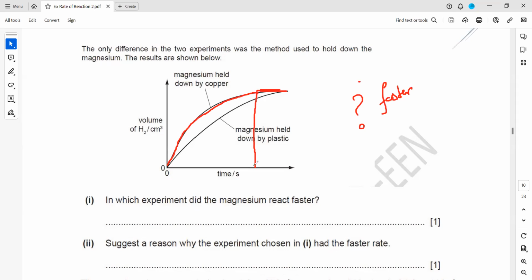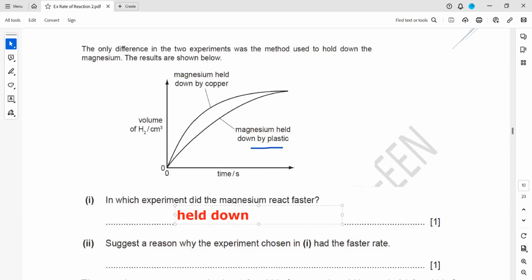So the reaction stops at this point when we are using copper. But when we are using plastic to hold the magnesium down, the reaction stops here. When the volume of the gas becomes constant, it means that at that moment the reaction stops. So when we use copper, the line becomes horizontal in this part, which means after this part the reaction has stopped. So the reaction stops much faster with copper as compared to plastic. Which experiment did the magnesium react faster in? The answer is the experiment in which it is held down by copper.